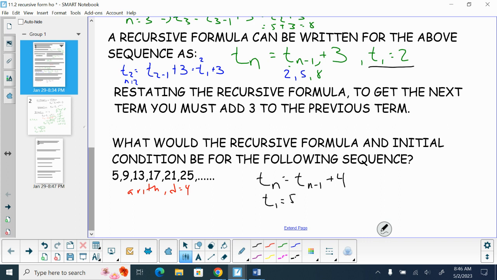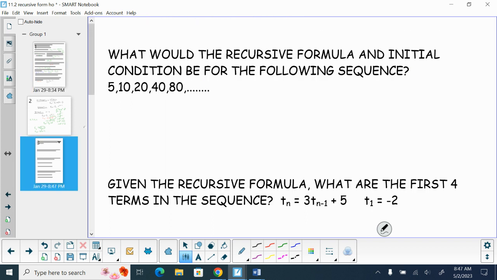T1 is equal to a value of 5. Okay, once again, you need to have 2 parts of this. You have to have your formula, but you need to know where to start. You need to know what T1 is. What would be the recursive formula and the initial condition for the following sequence?